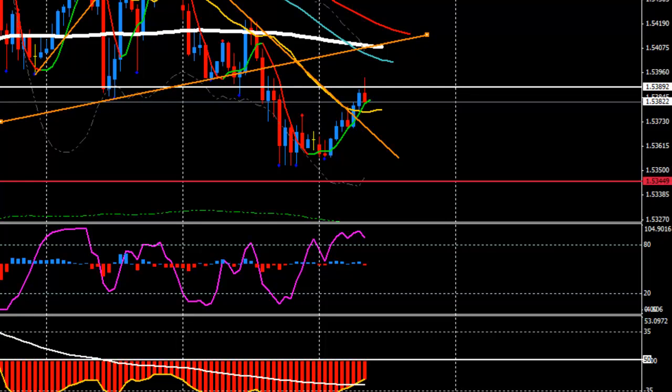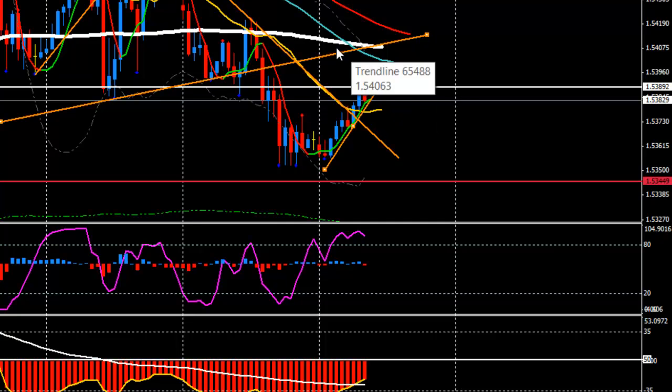What I'm looking at today: if the price breaks this wedge breakout, then probably I'm going to be looking for a short opportunity. But if the price breaks this resistance, then probably I'm going to be looking for a long opportunity.